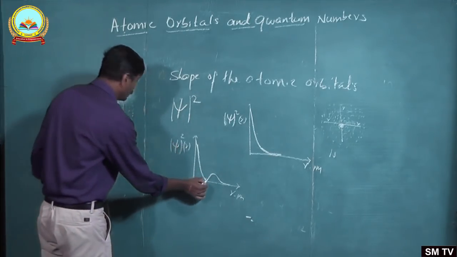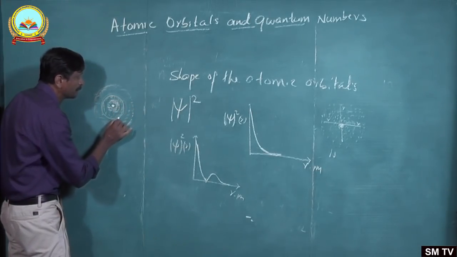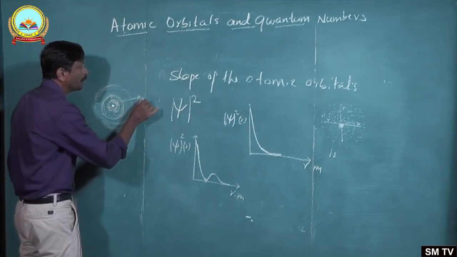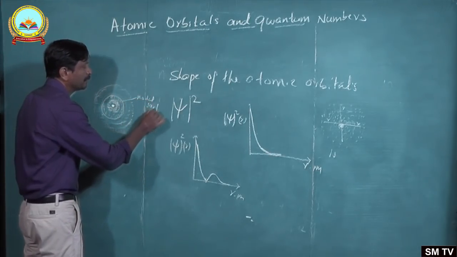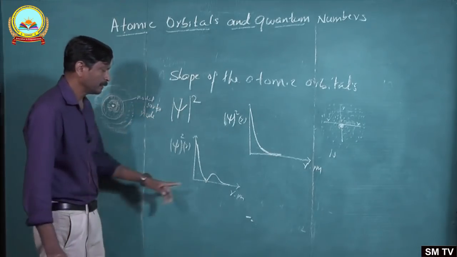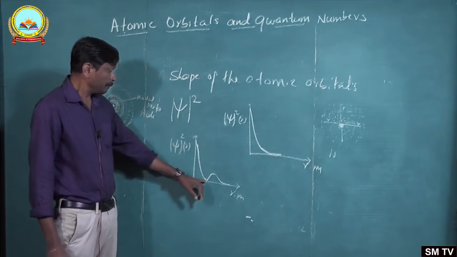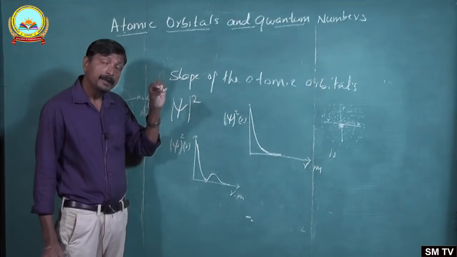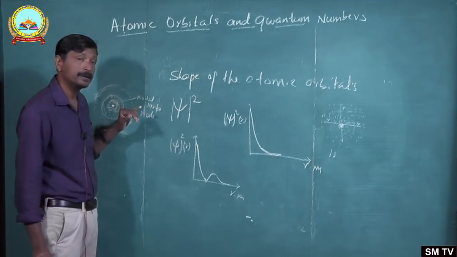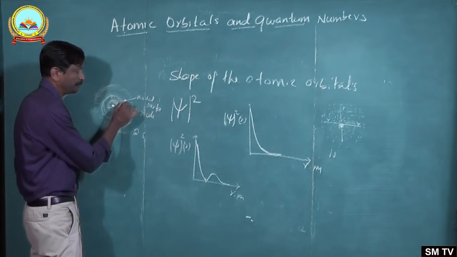This surface is called a nodal surface, or simply a node. What is a node? Here the probability of finding the electron is 0. For the 2s orbital, you have one nodal surface.